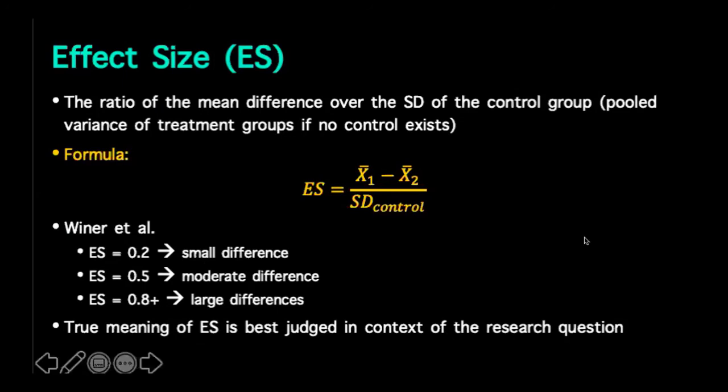Same thing if your effect size is around 0.5, that indicates a moderate difference. 0.8 and above indicates a large difference. However, it is important to note the true meaning of your effect size is best judged in the context of the research question. So based on previous literature, let's say you're replicating a study design with a different sample of people, right?